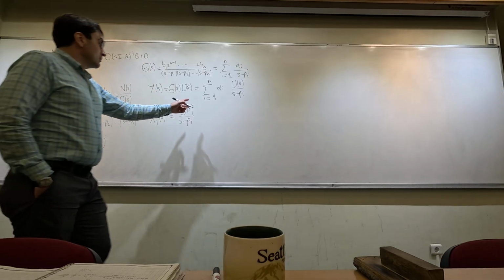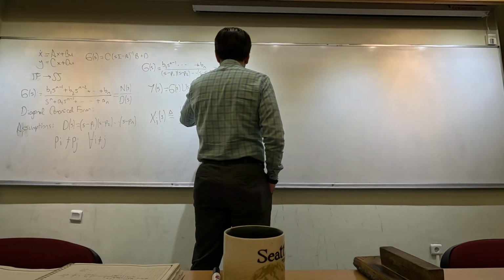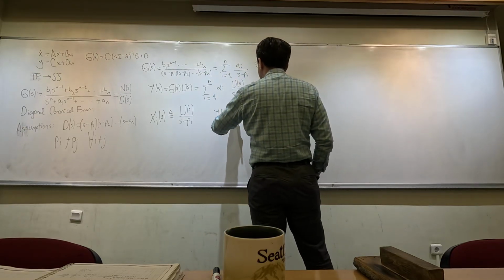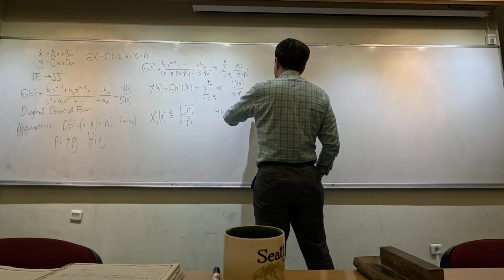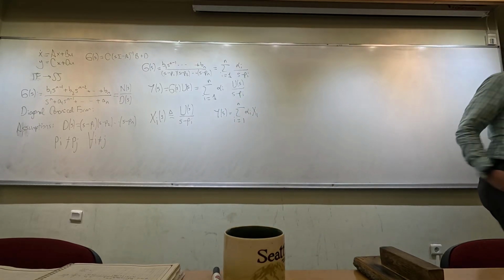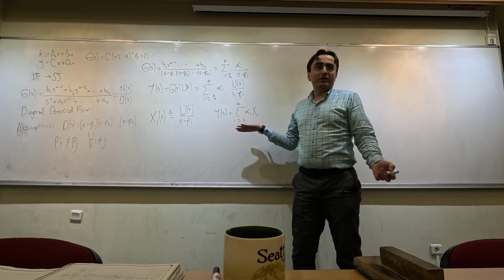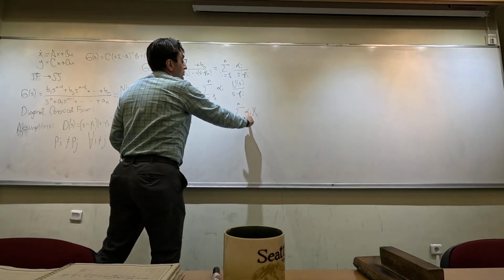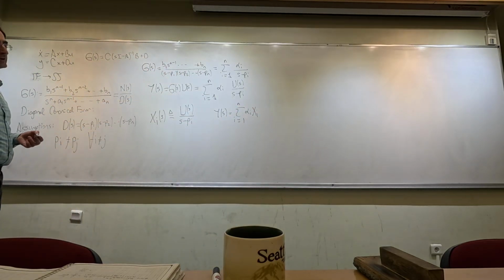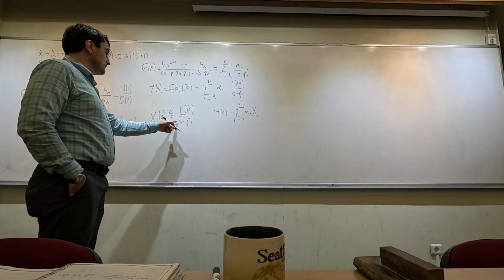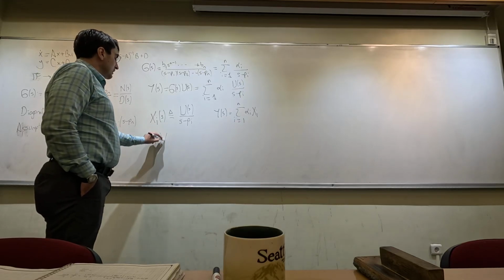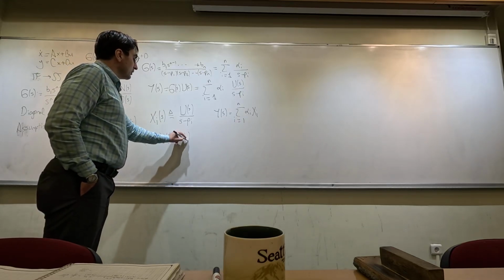By using this definition, instead of this ratio, I can substitute Xi, so Y(s) is the sum for i from 1 to n of alpha i Xi. This gives us an output equation: Y is a linear combination of the state variables, where the coefficients of that linear combination are alpha i. Now I have to find the state equations. For that, I write this equation as follows: (s minus pi) times Xi(s) is equal to U(s).